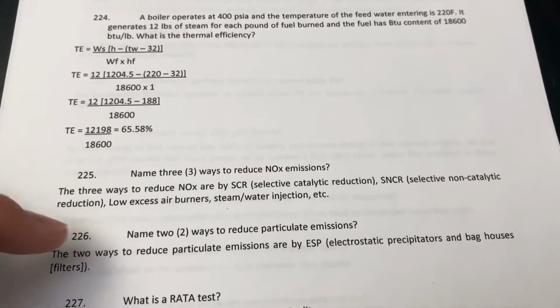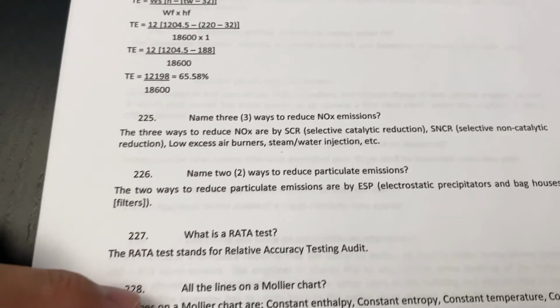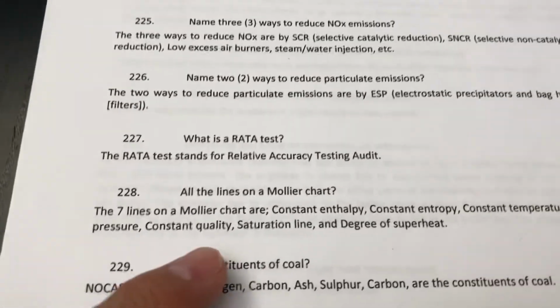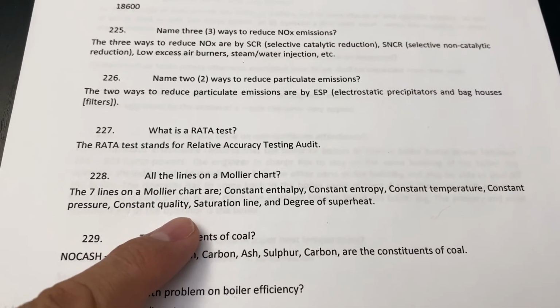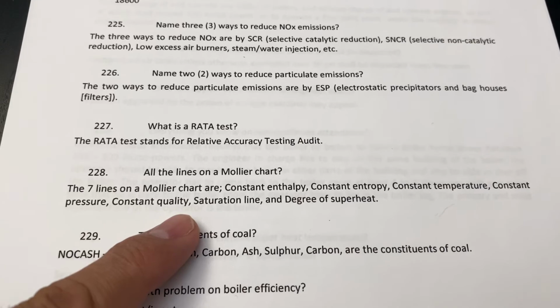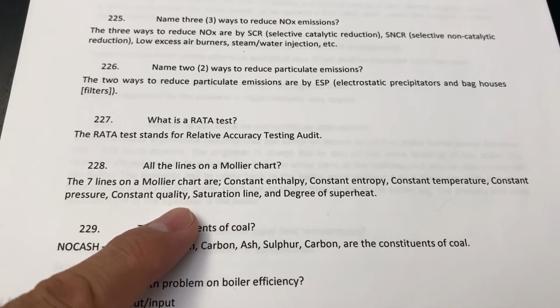Okay, that's one. And the other two are not for the beginner, but for a little higher license or intermediate license, they definitely gonna ask you that.